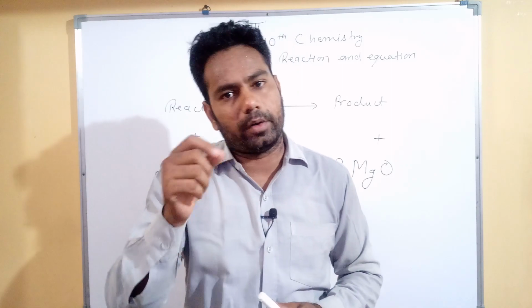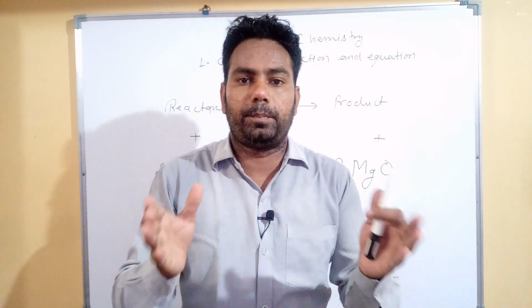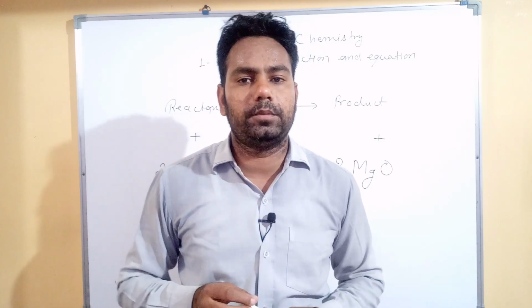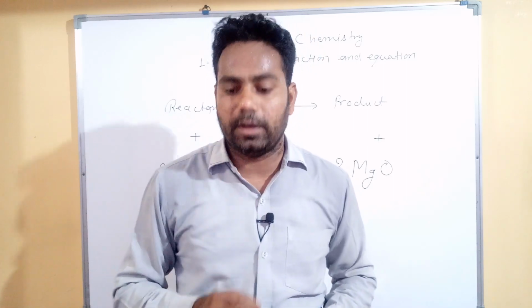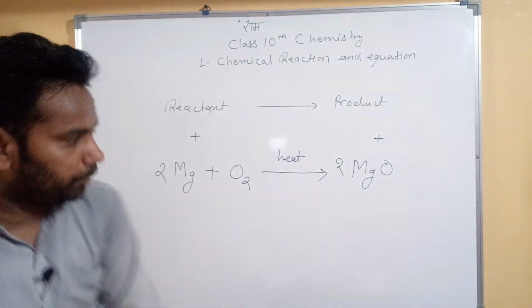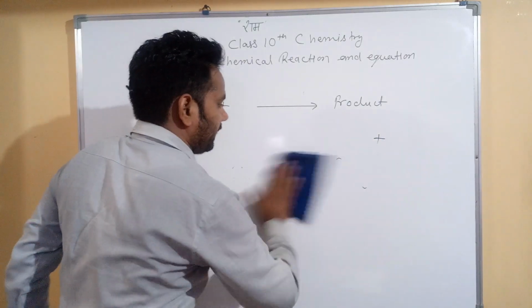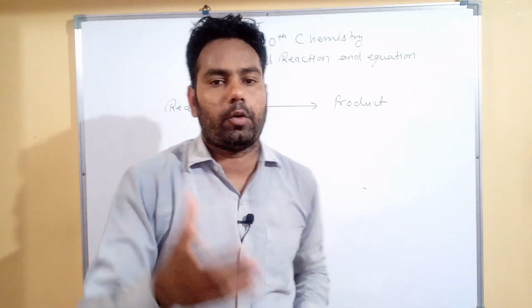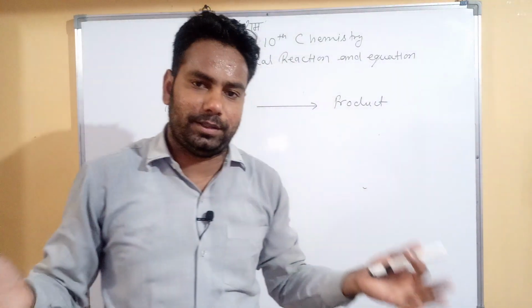In 9th class, you already learned how to create a chemical formula, but one more time we start how to create one, because we use chemical formulas on both the reactant side and the product side. Without chemical formulas, a chemical reaction is not possible.